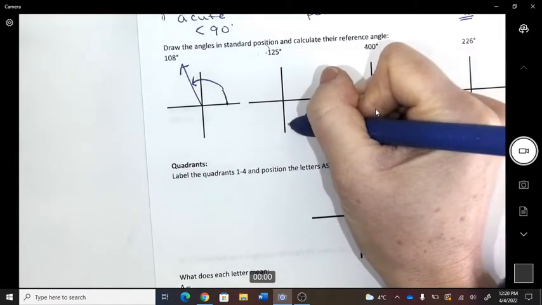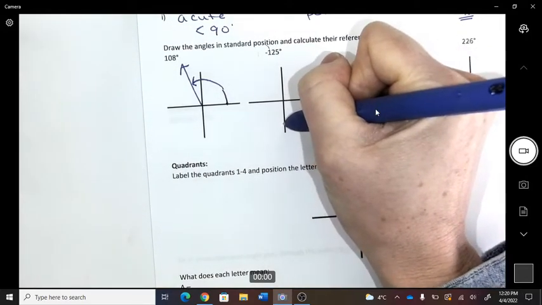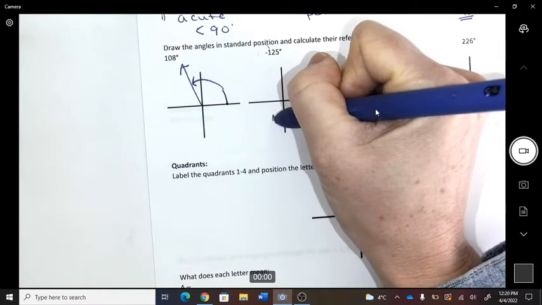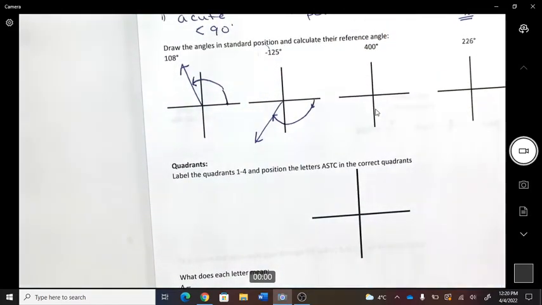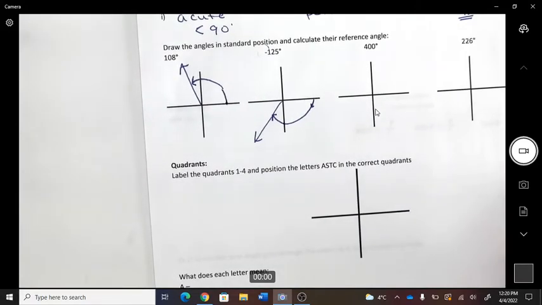So thinking about this direction, where are you going to go all the way to 125 degrees, that rotation? So 90, I think I would be about right there. Does that make sense? 125 degrees. Okay, so negative is going down on that.